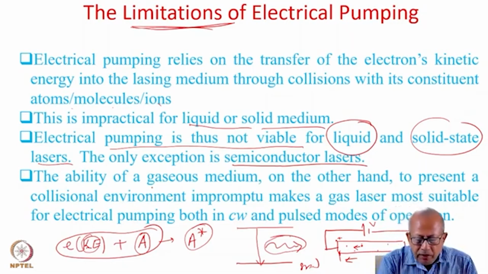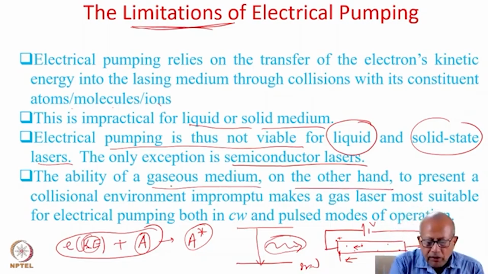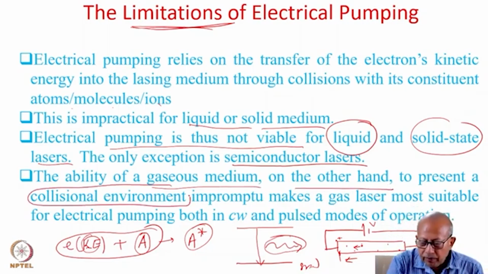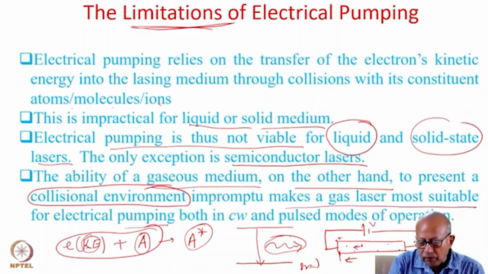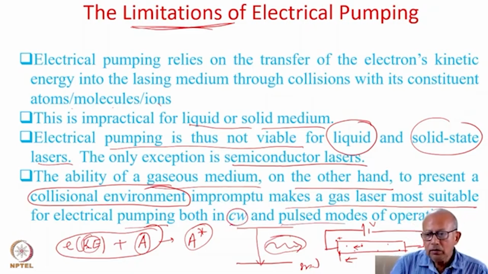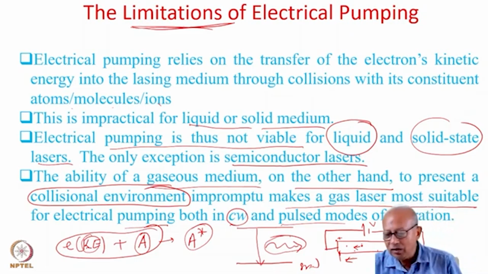Now, the ability of a gaseous medium, on the other hand, to present a collisional environment makes a gas laser most suitable for electrical pumping, for both continuous as well as pulsed operation. So now you know why, to pump certain lasers, basically liquid and solid state lasers, electrical pumping will not work.